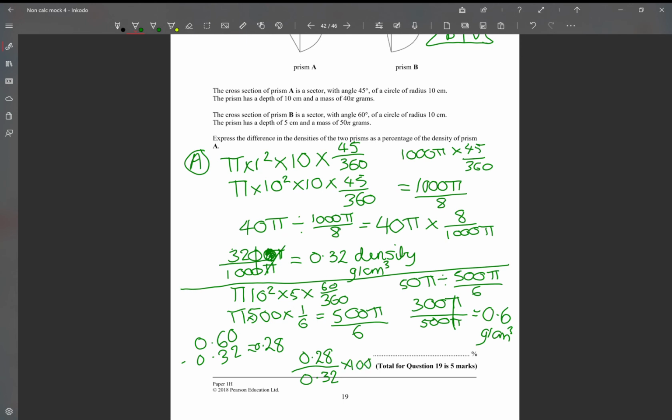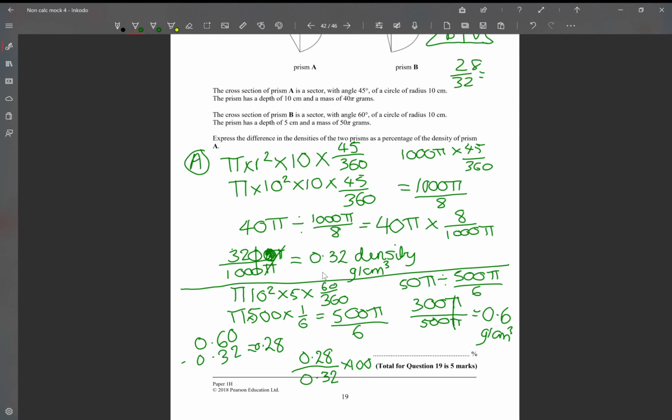This doesn't look very nice, but 28 over 32, you might notice the number 4 goes into both of those. I'm just trying to think of the best way to do this actually. So you could times it up, 28 over 32, I'm just going to write up here because there's a little bit of space here.